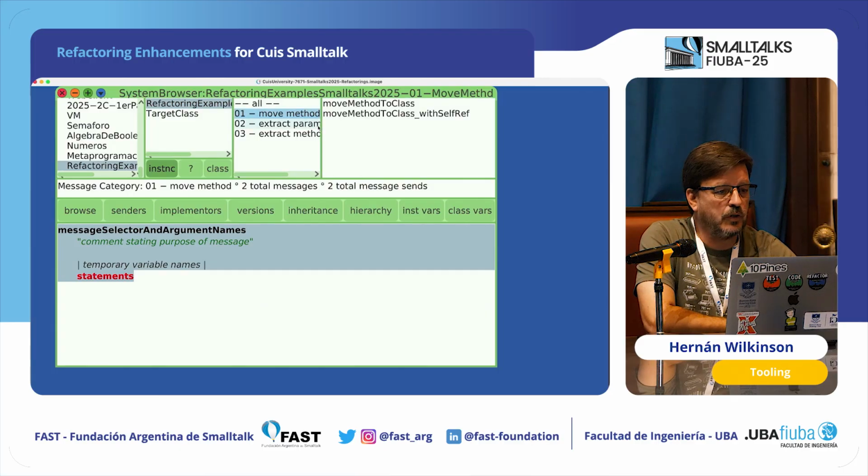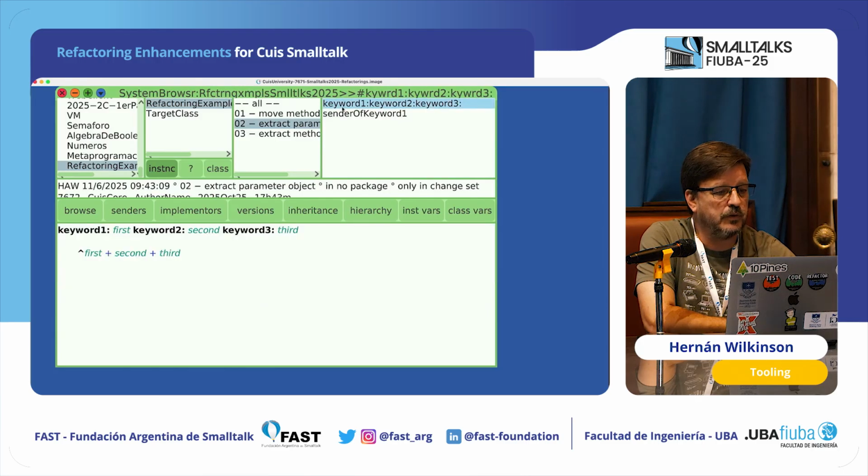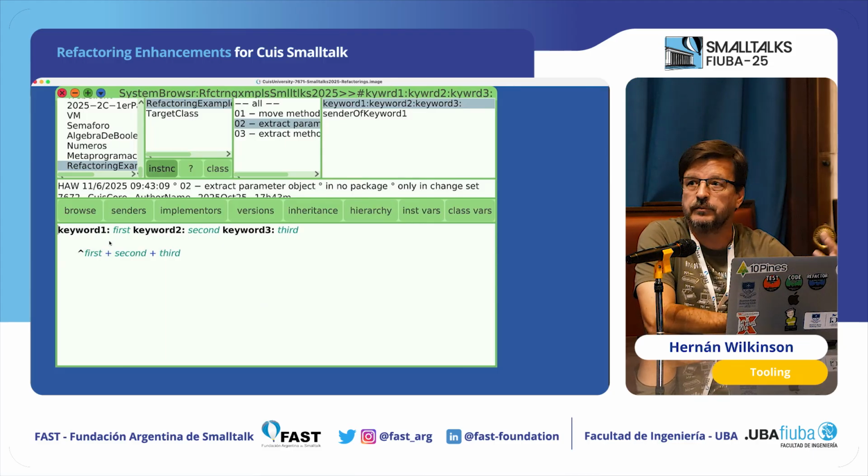The other thing I wanted to show is work done by Marcelo. It's the struct parameter object. I talked about it last year, but now I'm going to show it. The idea of the struct parameter object is that you can select some parameters from the message and extract them to a class and replace all the senders with the instantiation of that class with those parameters.